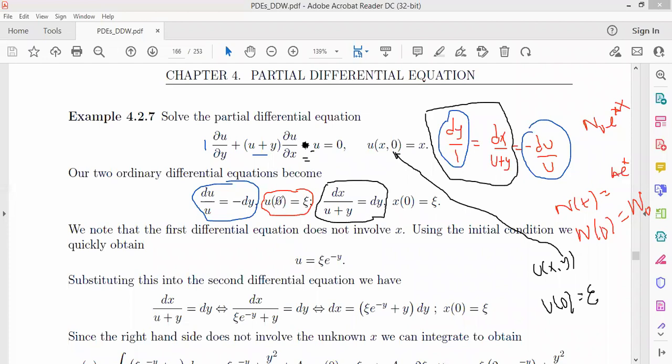So here we are saying if it is u, which is a function of x and y, we are initializing only the y. For that solution, for x0, this will be x.